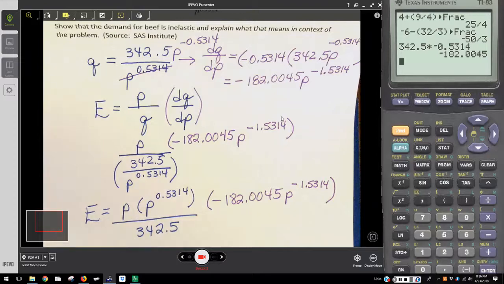And then the thing that you need to remember here is your rules for exponents, because this is P to the first and this is P to that power. And the rules say that when you have the same base with different powers, you add the powers.